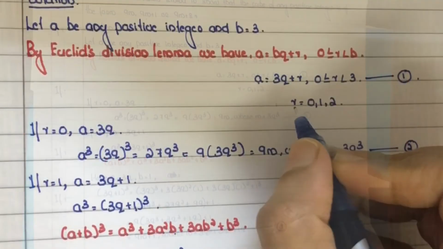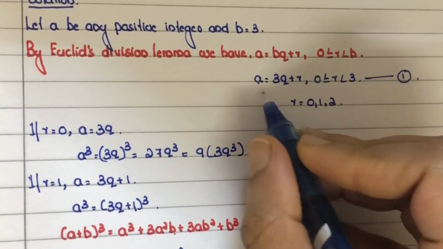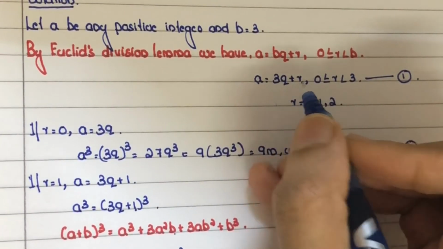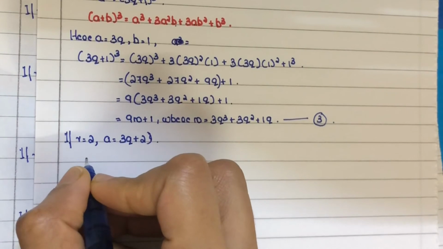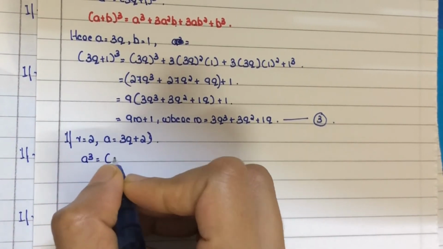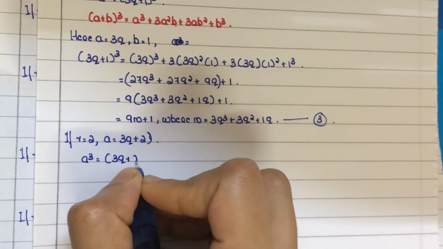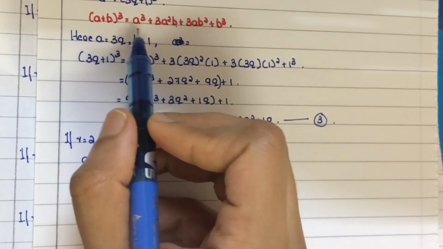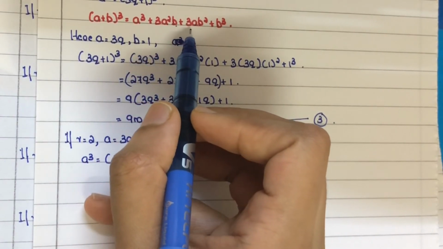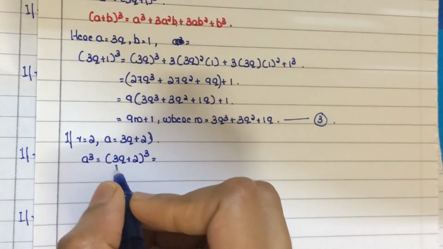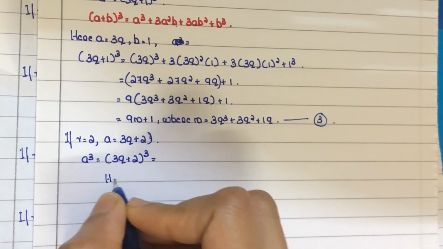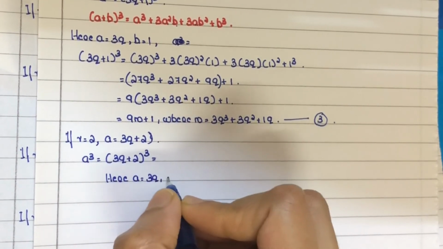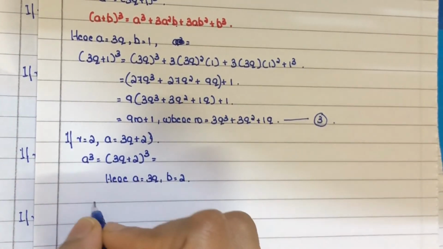Okay, next substitute r is equal to 2 in equation 1, that is a is equal to 3q plus 2, and now a cube is equal to 3q plus 2 whole cube equal to, here a plus b whole cube is equal to a cube plus 3a square b plus 3ab square plus b cube, and here a equal to 3q and b is equal to 2.